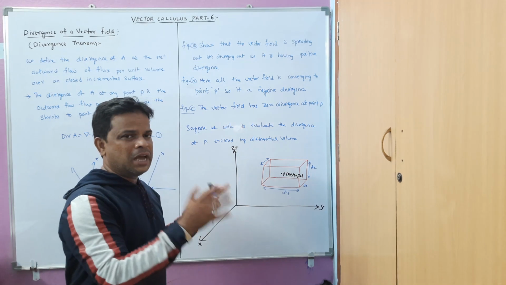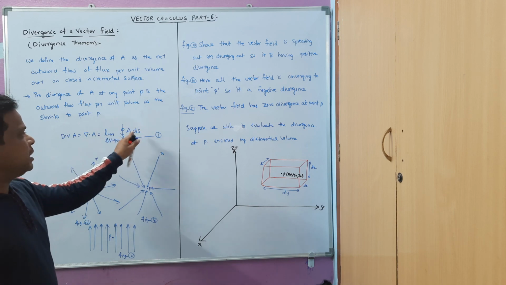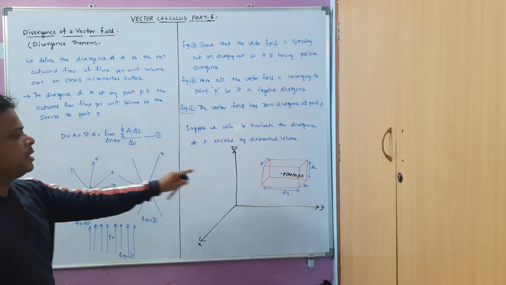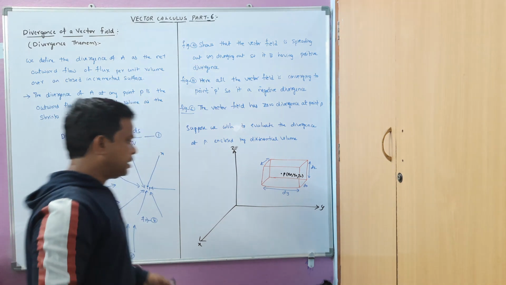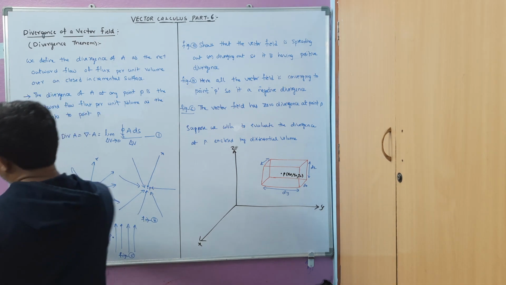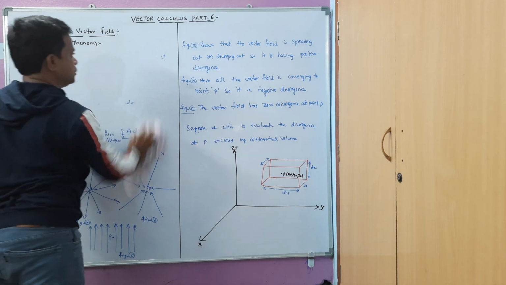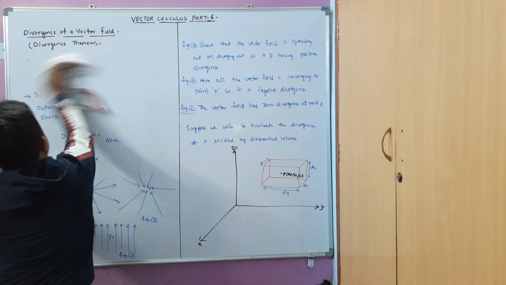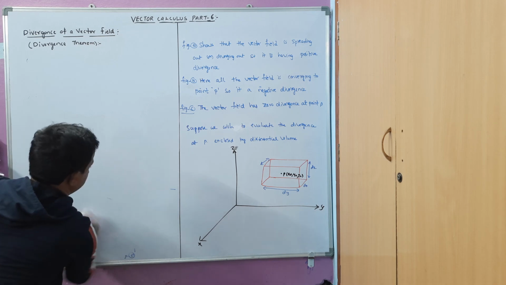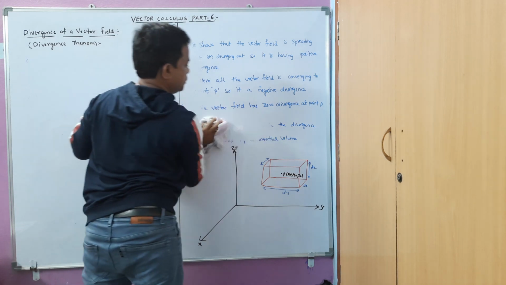So we are going to evaluate the surface integral in order to calculate the divergence of A at point P. So now let us see how we are going to calculate this one. So let me erase this one. So the formula will be, let me erase this one also.